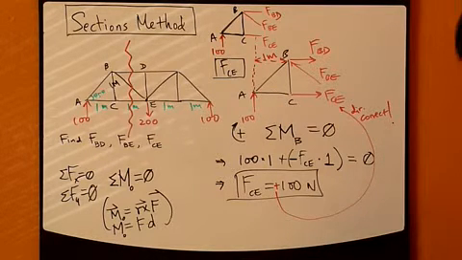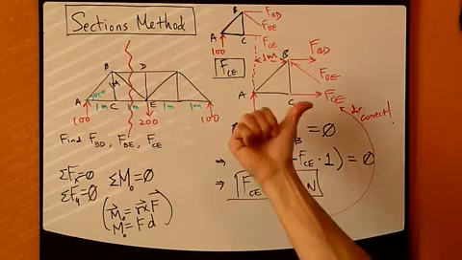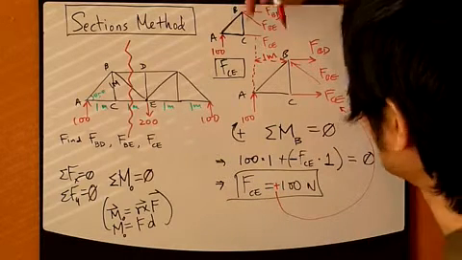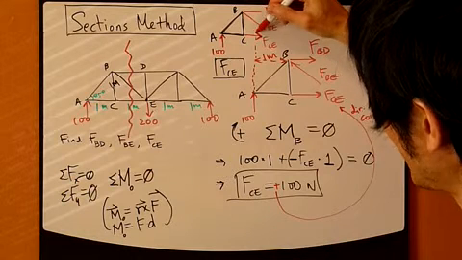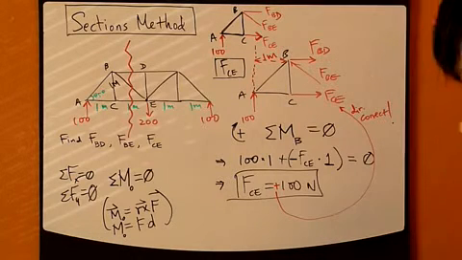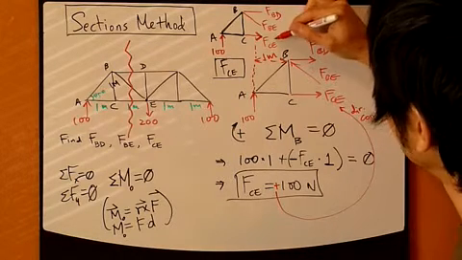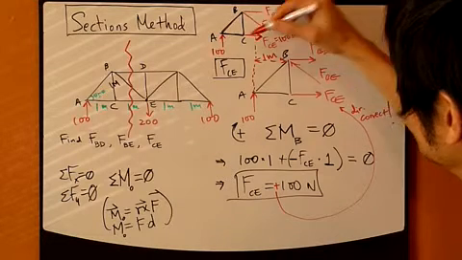So FCE does indeed point to the right. Now we can come back to the real picture and draw the actual direction of FCE. So FCE is 100 newtons.